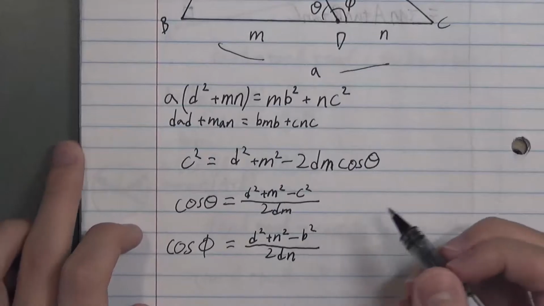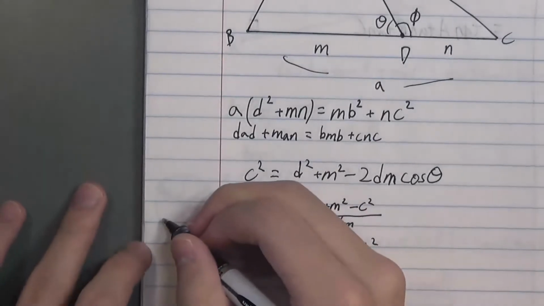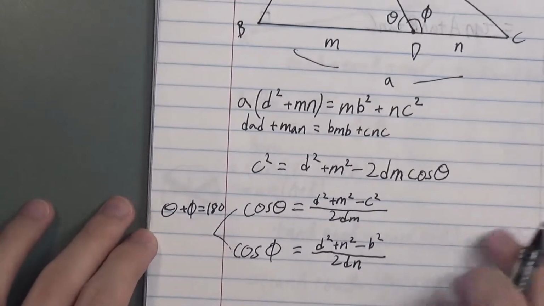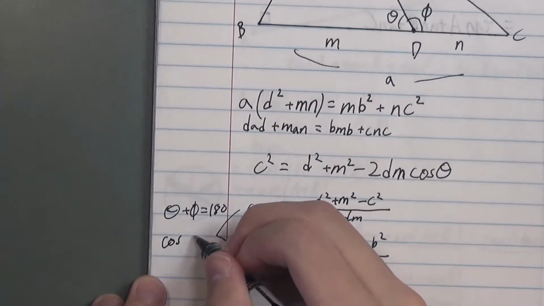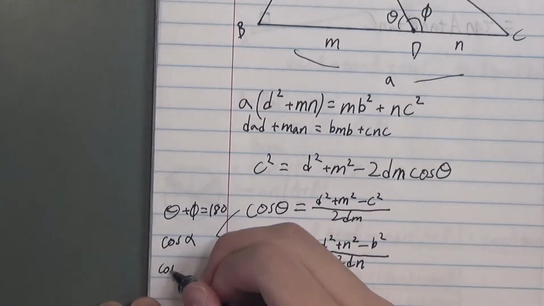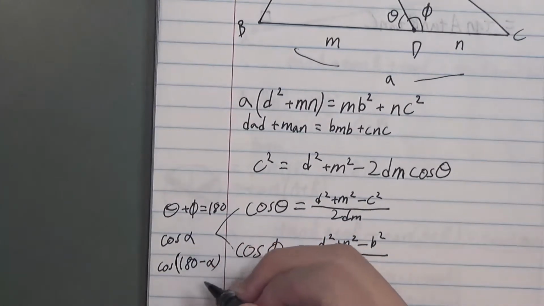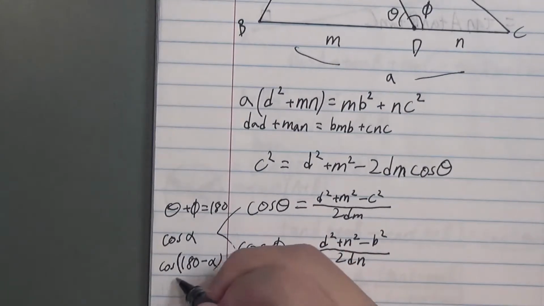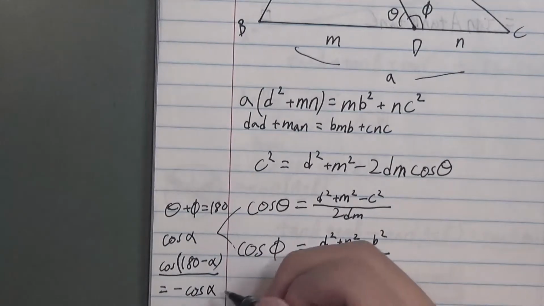But the thing is, with these two cosines, we know something special because theta plus phi add up. They're supplementary. One thing about supplementary cosines is that if you have cosine of alpha and cosine of 180 minus alpha, there is an identity, which you can try to prove if you want, that cosine of 180 minus alpha is just equal to minus cosine of alpha.